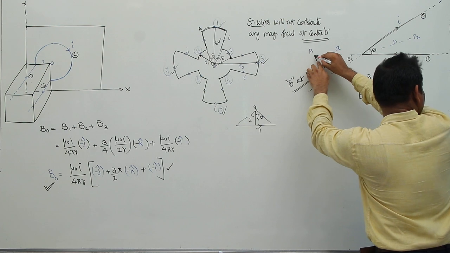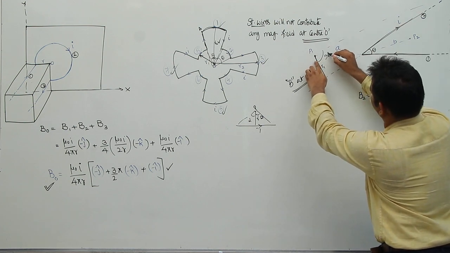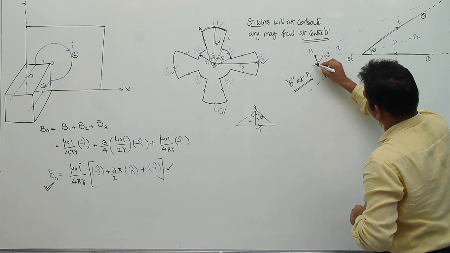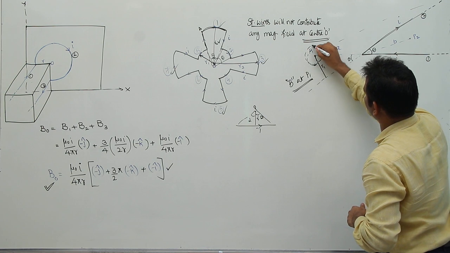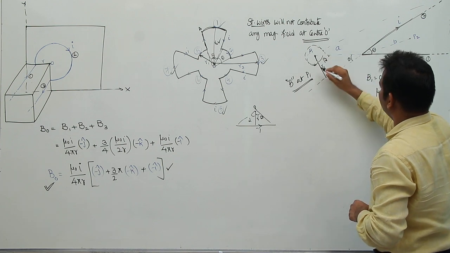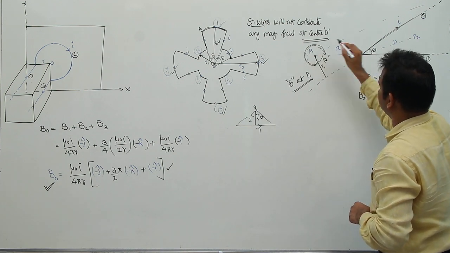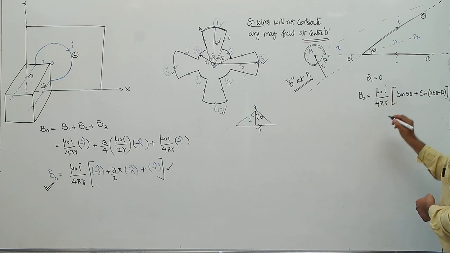That means if you join this P1 with the other end, this angle will be 90. What is the other angle? I need to measure from here to the other side. Let us say this angle here is beta, so this is 360 minus beta. So I am going to write sine 360 minus beta.